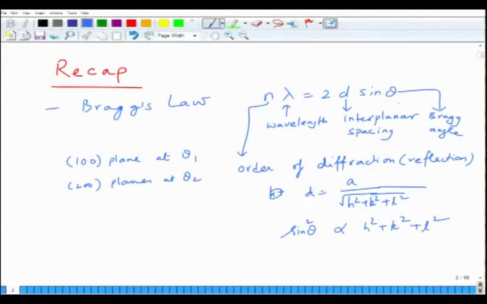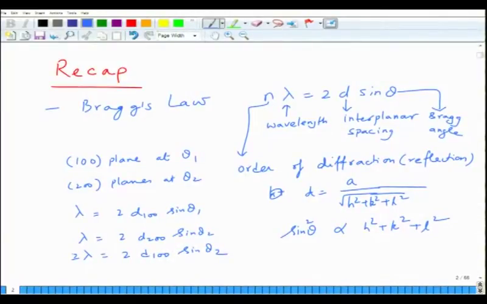By this equation you can see that for 100 it is lambda equals 2 d 100 sin theta 1, whereas for 200 the first order reflection would be lambda equals 2 d 200 sin theta 2, which is equivalent to writing 2 lambda equals 2 d 100 sin theta 2.